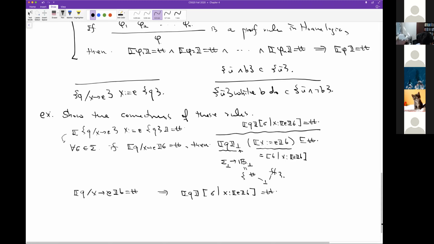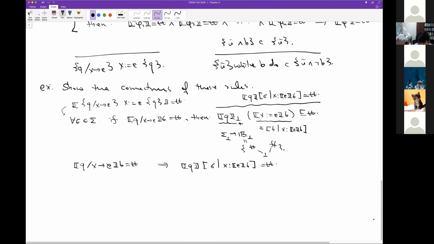Although I don't expect you to remember the substitution lemma that we talked about before, I hope you get some sense that this looks like talking about the relationship between two substitutions. Here are the syntactic substitutions, where we apply the substitution on assertion Q. Here are the semantic substitutions, where we apply the substitution on the sigma.